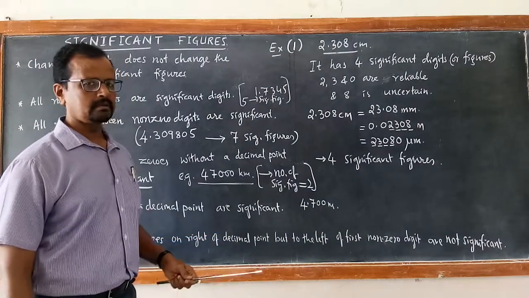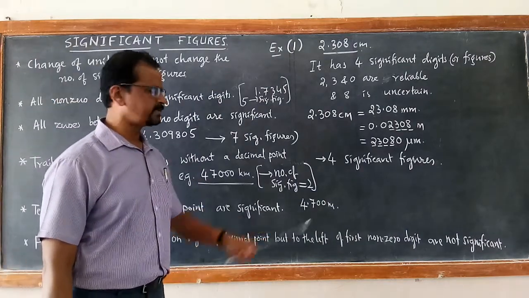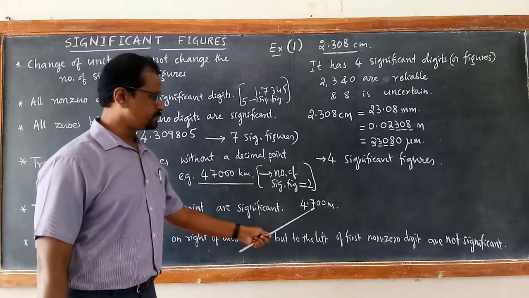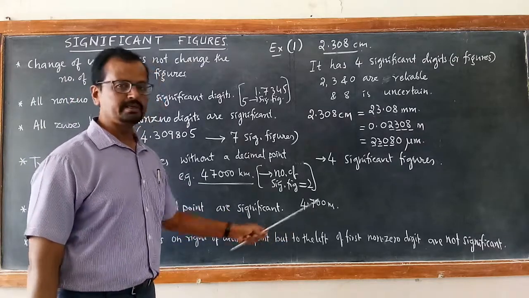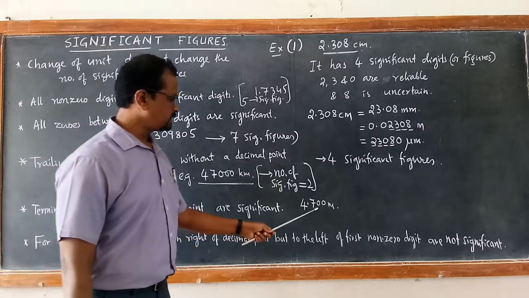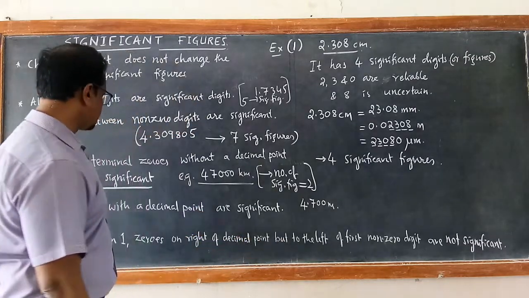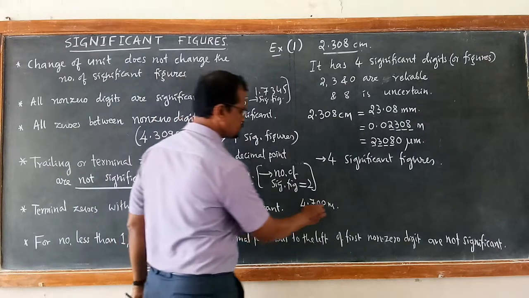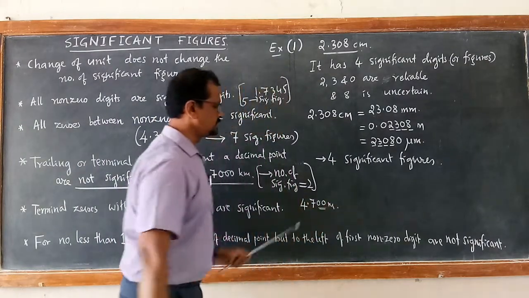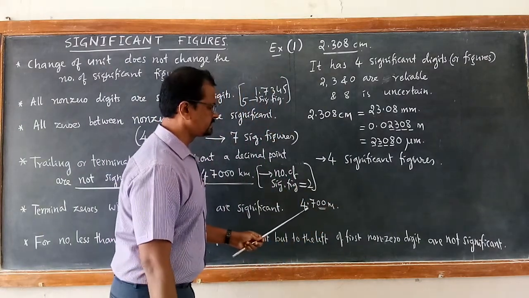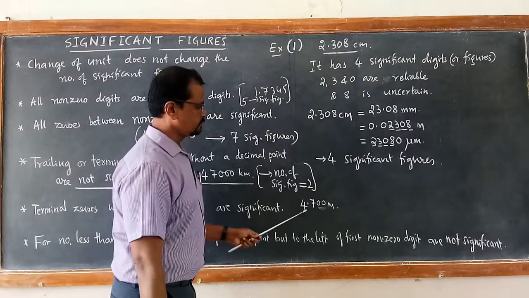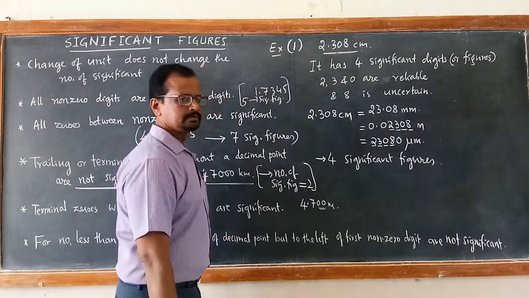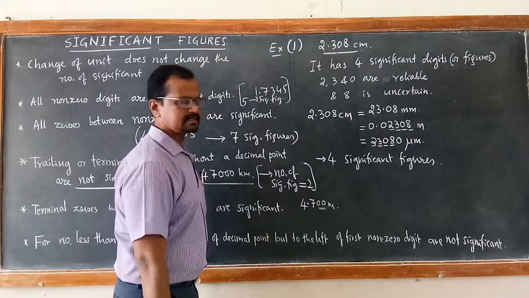Although we know that it is equal to 4.7 meter, it speaks about the precision of the experiment, the precision of the instrument that is used. Therefore, the trailing zeros after the decimal point are significant. So the total number of significant figures here is 1, 2, 3, 4. So 4 significant figures.